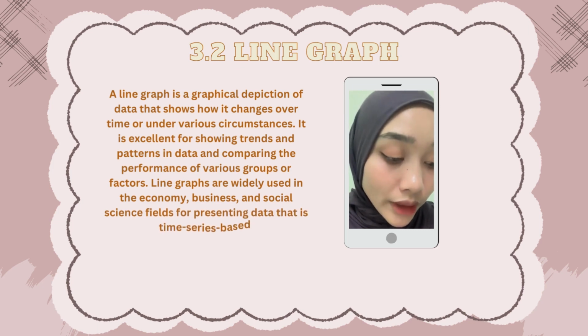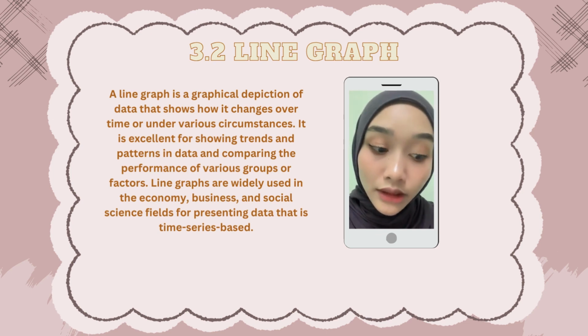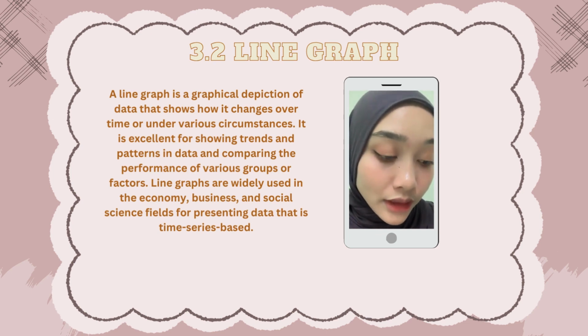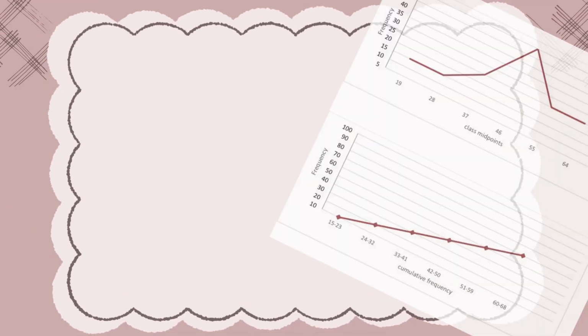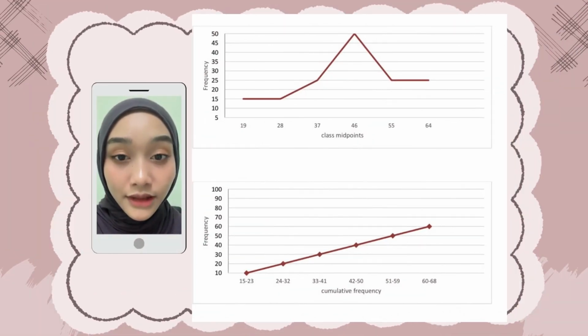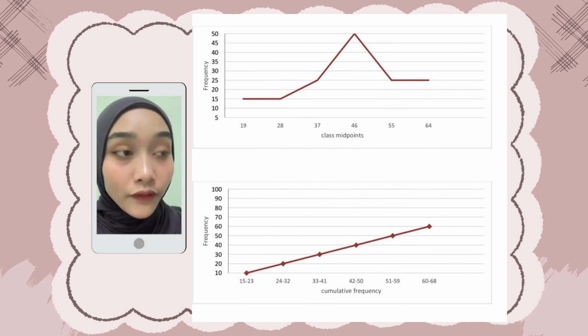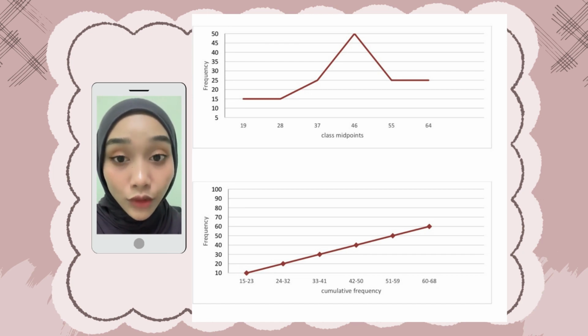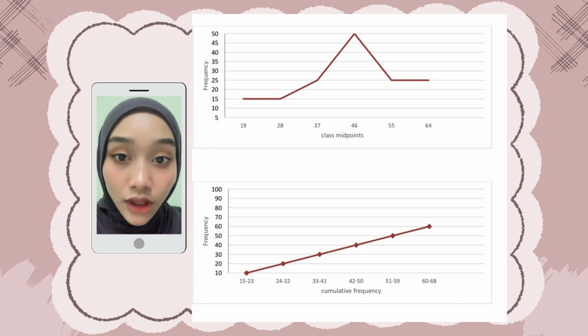Line graphs are widely used in economics, business, and social science for presenting data that is time series based. So, as you can see, this is our graph. The first one, we choose to take data from frequency distributions, and the second one, we choose cumulative frequency as our data.